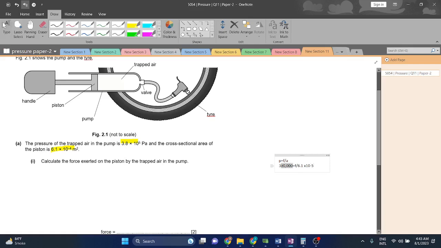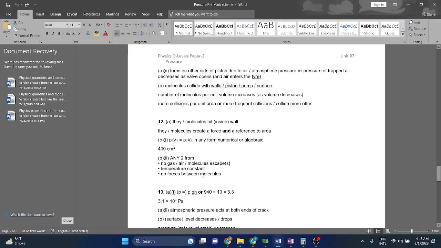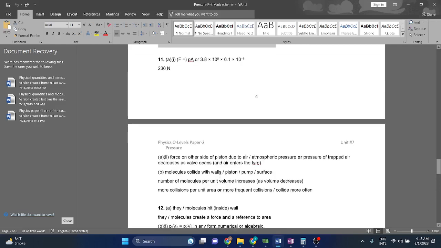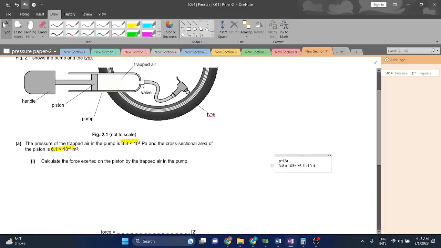Let's write this in the same form, because from now on I have decided to write it this way, since there can be confusion. This is minus 4, because 6.1 × 10^-4 is dividing, so it will multiply on the other side. If we multiply these, what will we get? We'll get 230. 230 newtons will be the force.